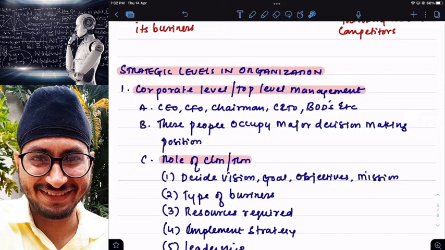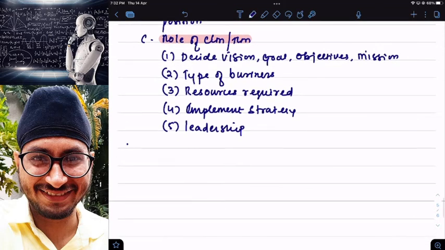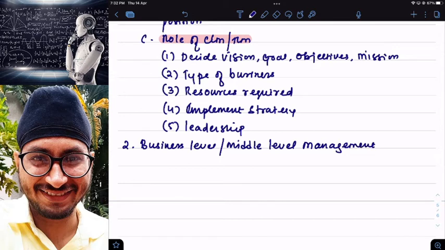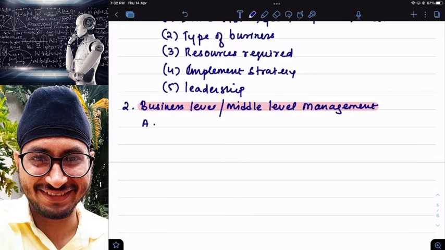After corporate level we have middle level management or business level management. Here, these people convert the vision of top level management into general statements.